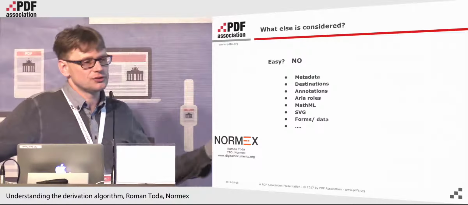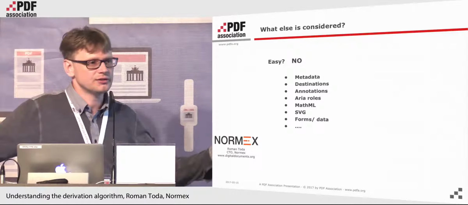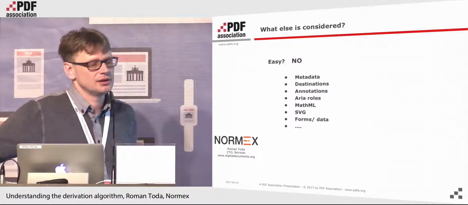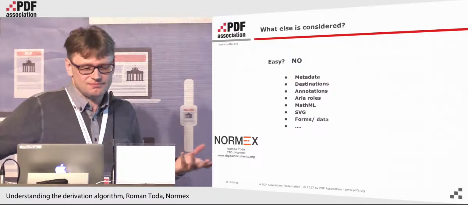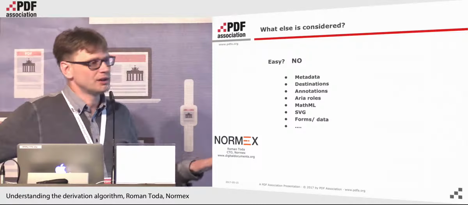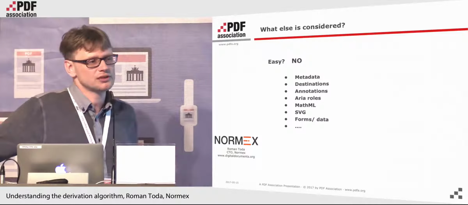We can use an associated file on a specific tag that would be used during the derivation when deriving a document with MathML, for example. I don't have that much time to show you all the cases. I just wanted to point out that it might not be easy, but that's the way we decided to go.